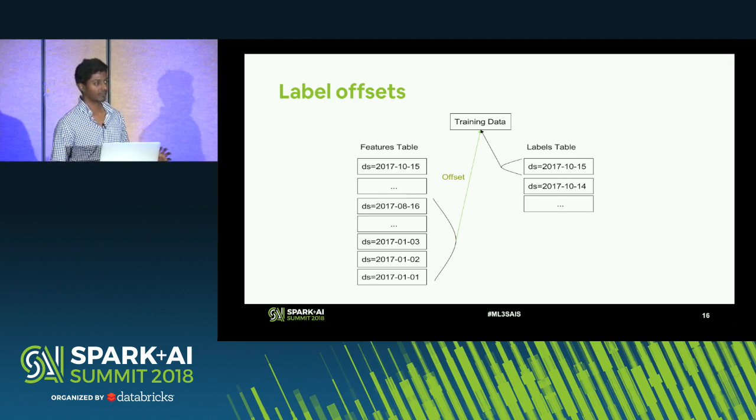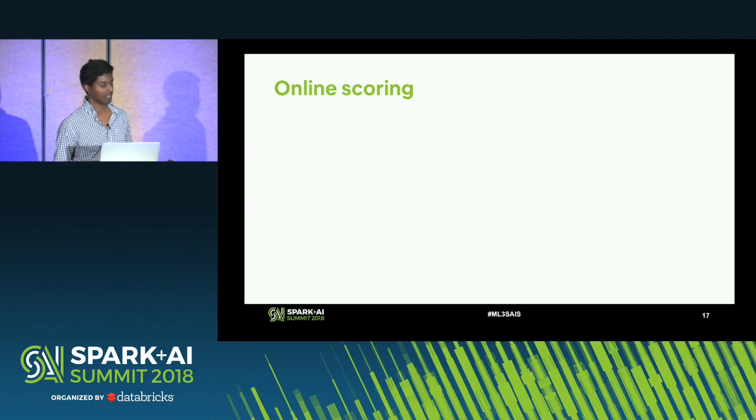Now, let's say you have this golden training sets, you trained your model, it's all looking good, and the performance is great. You want to make sure that your model has access to all these features when it's scoring online, right? And there are a bunch of challenges when you want to recreate these features for online scoring. Again, backfills, it's a large theme.